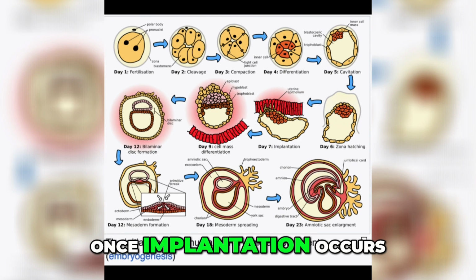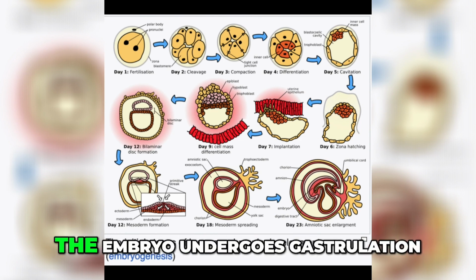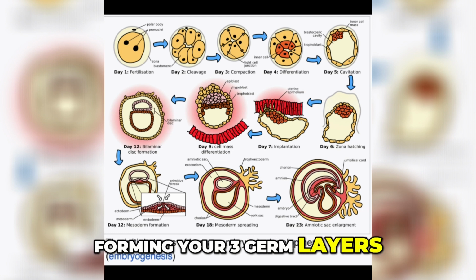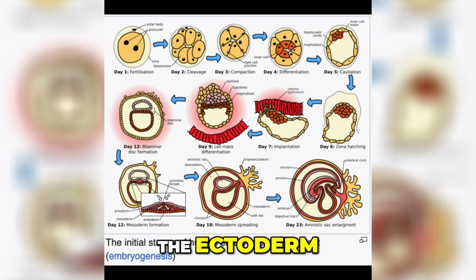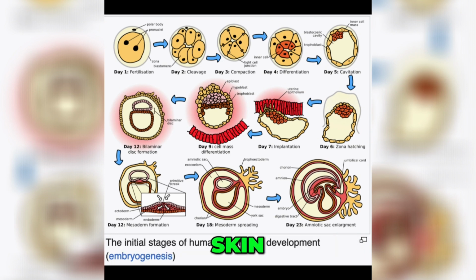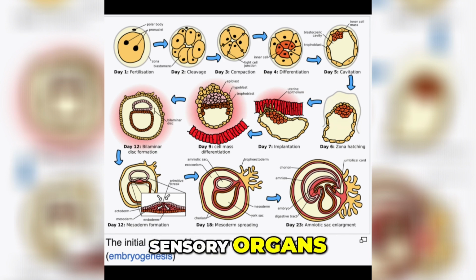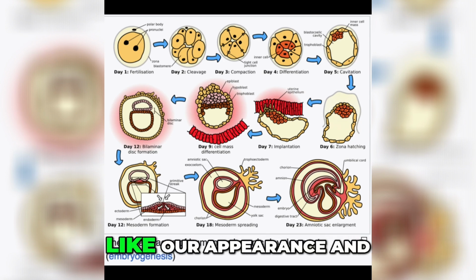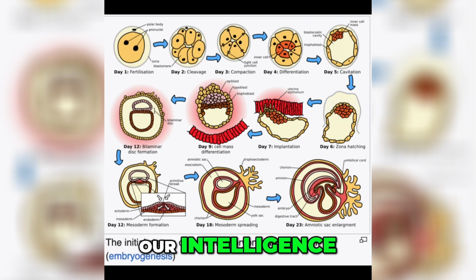Once implantation occurs, the embryo undergoes gastrulation, forming your 3 germ layers. You'll know them as the ectoderm, mesoderm, and endoderm. So the ectoderm is the outer layer, which forms the nervous system, skin, sensory organs. Think of it as attractoderm, things that make us attractive, like our appearance and our intelligence.